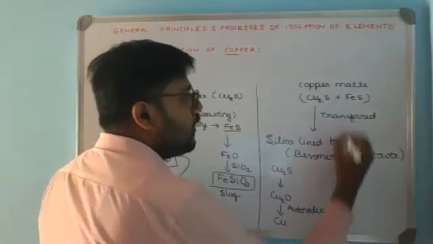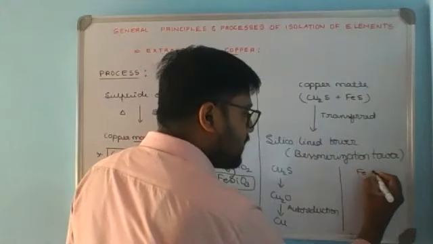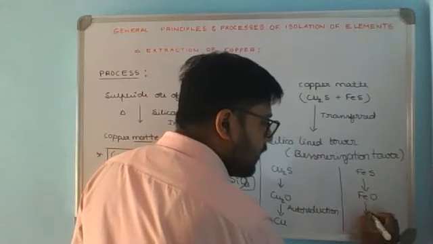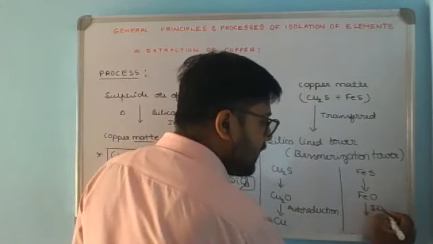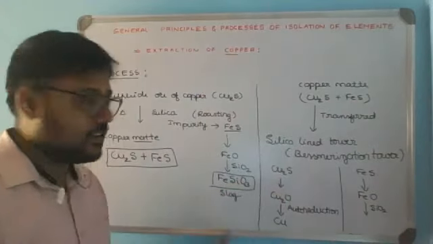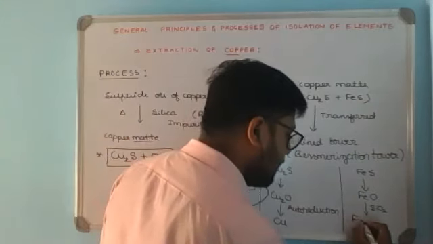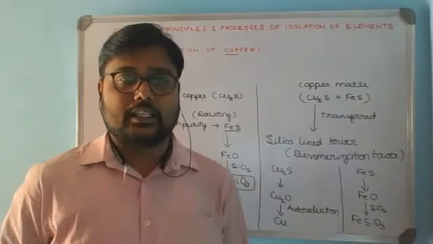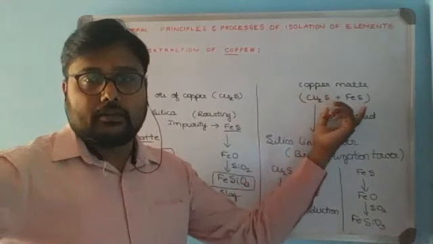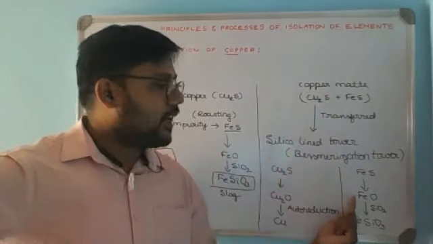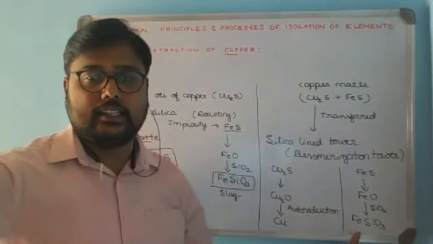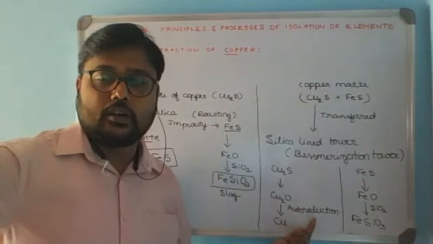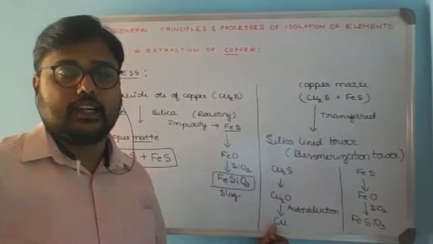Similarly, the impurity FeS gets oxidized to iron oxide, and by combining with the silica, as explained earlier, forms iron silicate, FeSiO3. Thereby all the gangue present in the composition of copper matte, that is FeS, gets oxidized to FeO and is removed as iron silicate. Cu2S gets oxidized to Cu2O and upon auto reduction we obtain copper.